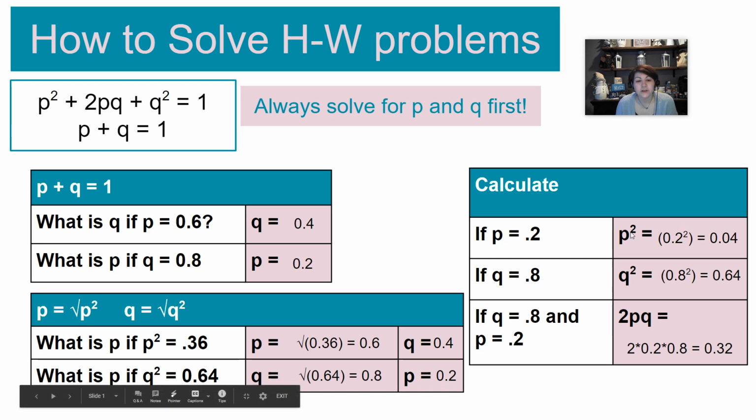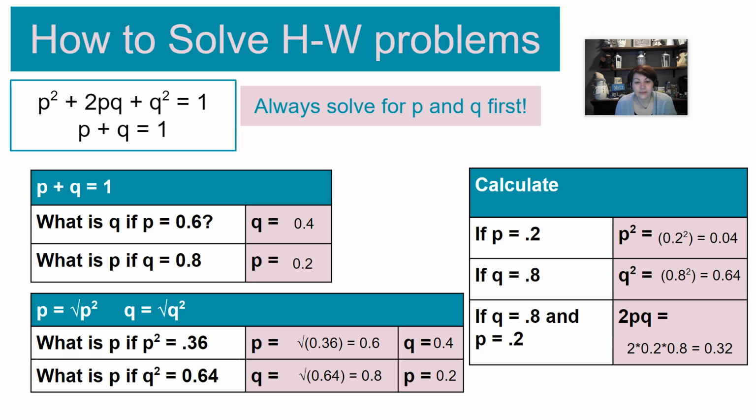Now, if I wanted to know dominant, like Q squared was the recessive trait and the recessive genotype. But the dominant trait is a little different. To know the dominant trait, you have to add P squared, which is the homozygous dominant genotype, to the heterozygous to know the total number of organisms with the dominant trait, because the heterozygous also has the dominant trait.